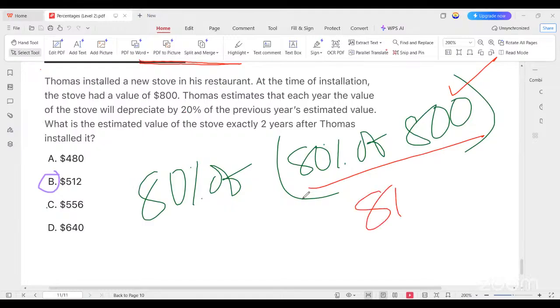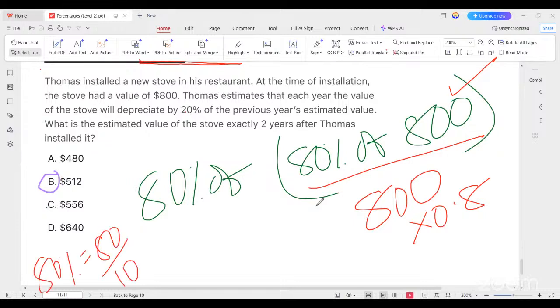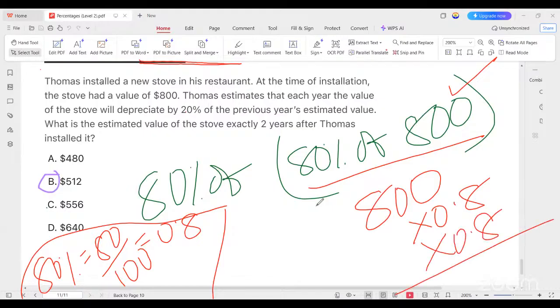Directly, 80% of this means times 0.8. Fine? Again 80%. 80% is nothing but 80 by 100, which is 0.8. Again 0.8. Just do it on the calculator.